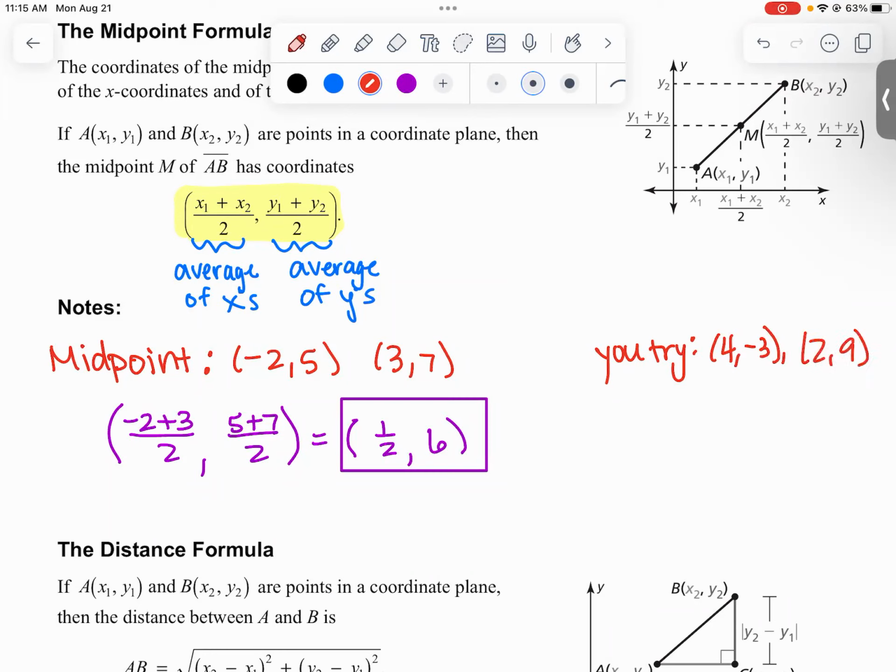All right, you try this one. This is (2, 4) and (-3, 2). Find me the midpoint, please.